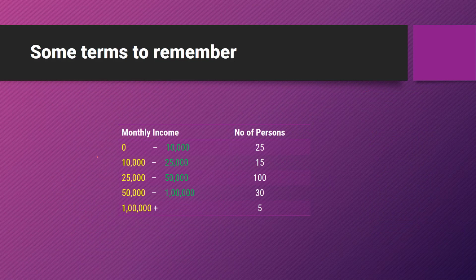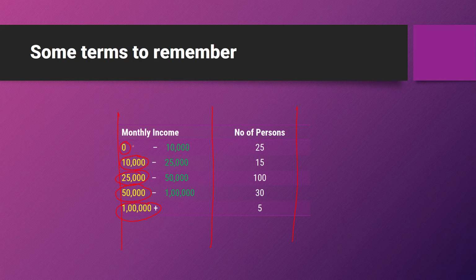So there are certain terms that we should know in case of a continuous frequency table, right? If you have ranges like 0 to 10,000, 10,000 to 25,000, etc., there are two columns, right?